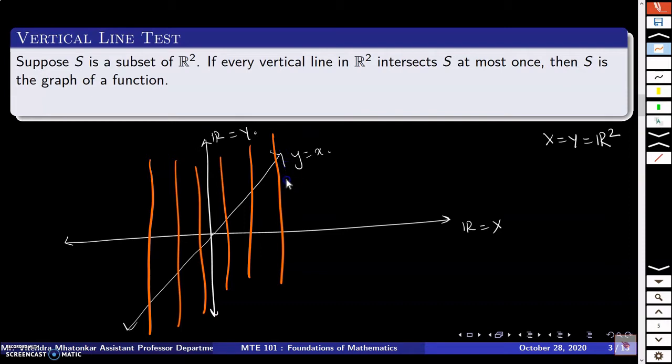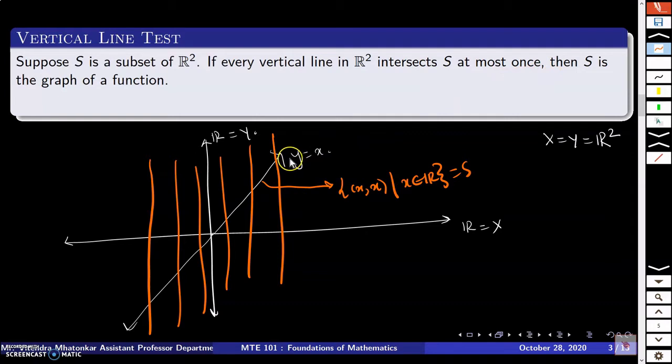This is called the vertical line test. If you are able to do this, then this subset S that you started with, in our case the points of the form x comma x, the vertical line test holds true for this set S, because no matter which vertical line you draw, it will cut the set S at most once.